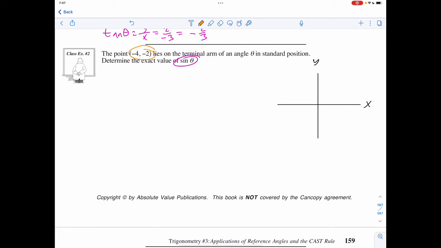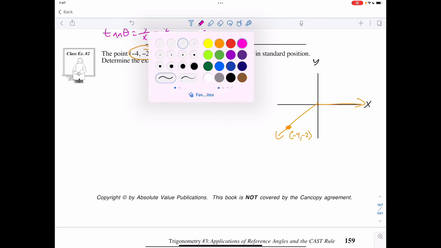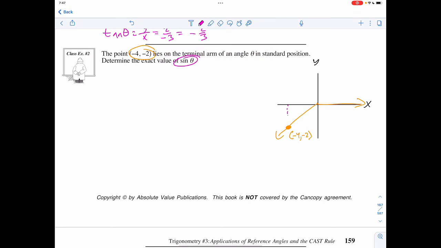I have my point of negative 4 and negative 2. Which means that my x value over here is negative 4, my y value down here is negative 2.